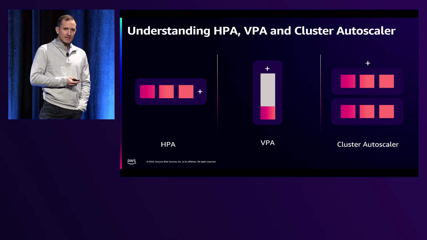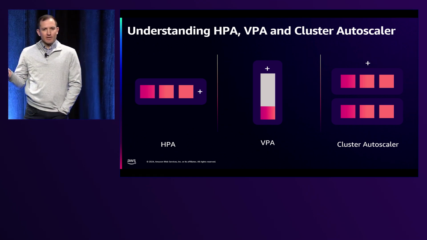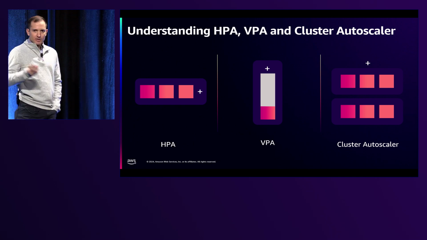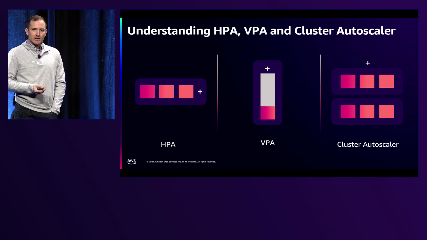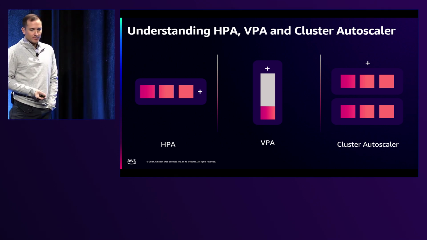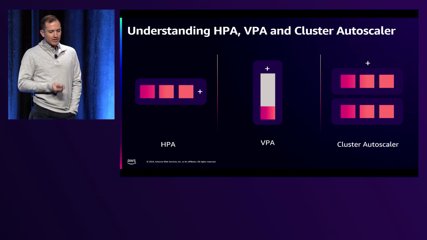And you can define things like, if my CPU utilization of a given pod goes above X, add these replicas, or define a target utilization. So you define any custom scaling policy that you want, and the horizontal pod autoscaler's job is to add or remove those pods. So that's really the first layer.